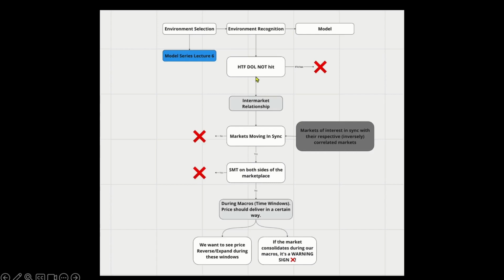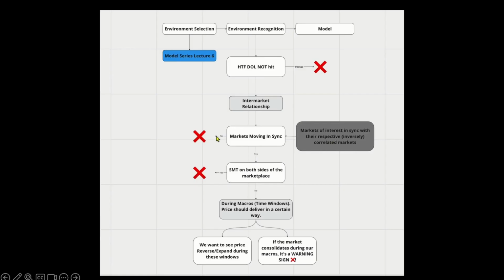If the drawn liquidity has not been hit, we move on to intermarket relationship. For intermarket relationship, there are multiple things that we will be looking at. First of all, the main thing of concern is the following. Are the markets moving in sync? Meaning, are the markets of interest in sync with their respective, between brackets, inversely correlated markets?